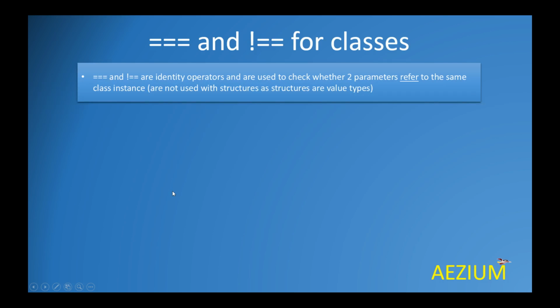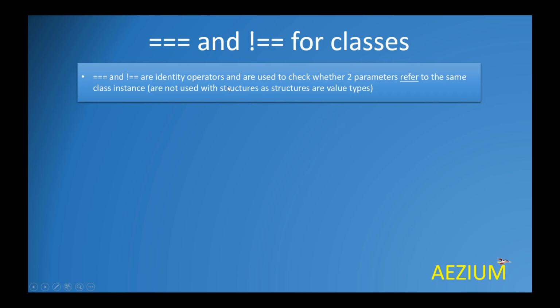When we're dealing with classes, we can use two identity operators. The first one comprises 3 equal signs. The second one starts with an exclamation point followed by 2 equal signs.